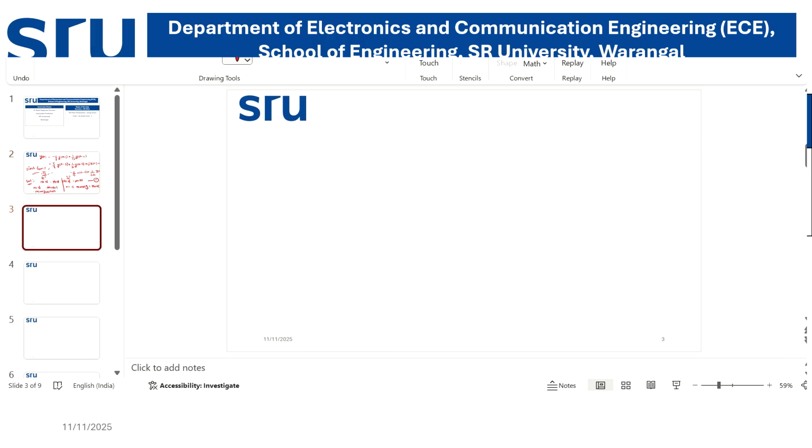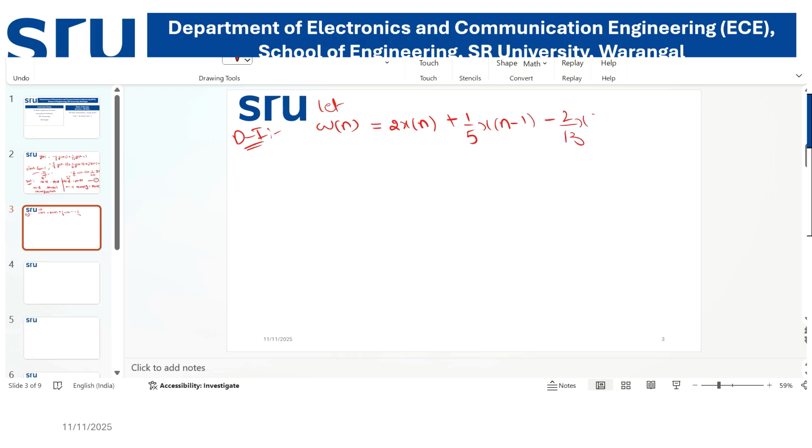Given equation number 1, let us consider this for direct form 1 realization. Let W of n equal the entire input, present input as well as past input values: W of n is equal to 2 x of n plus 1 by 5 x of n minus 1 minus 2 by 13 x of n minus 3 plus 1 by 32 x of n minus 5.